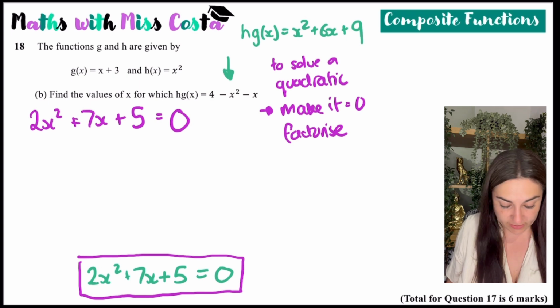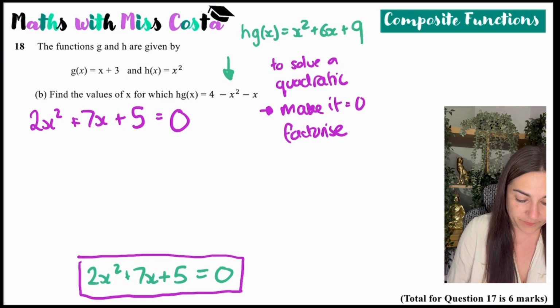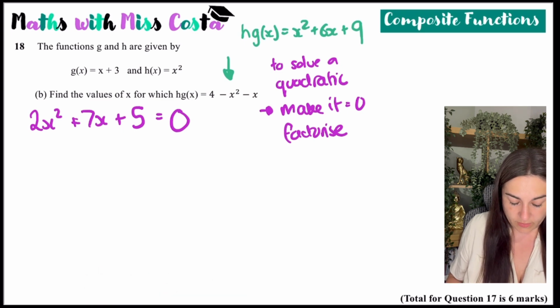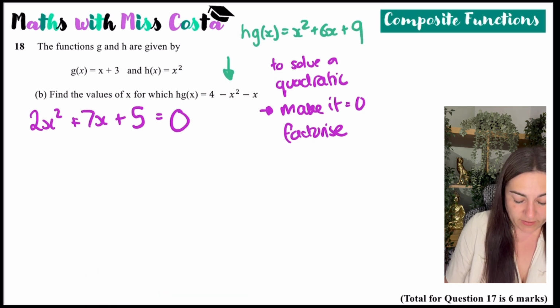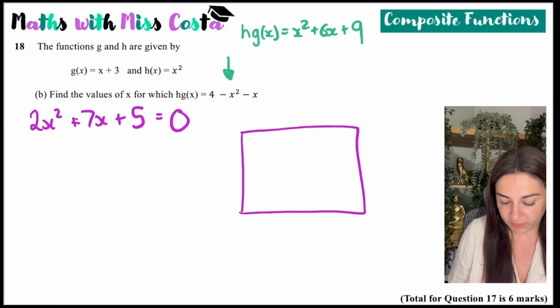There's loads of ways I could factorize this. You could use the ABC method. I'm just going to do that way actually. So you could also do, I don't know which one to show you. For the non-calculator paper, actually, let's use the grid method.